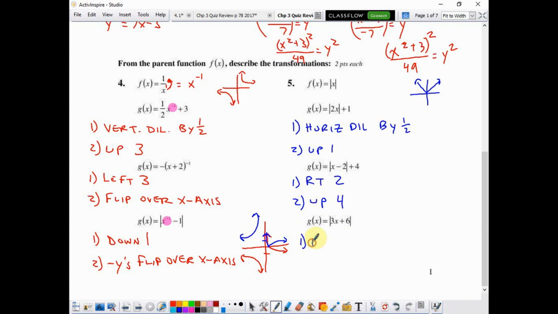So first, there's going to be a horizontal dilation by the reciprocal, so by 1/3. And that plus 6 means it's going to move left, and it's going to be 6/3. We won't keep it as 6/3. 6 divided by 3 is 2. This function shifts 2 units to the left.